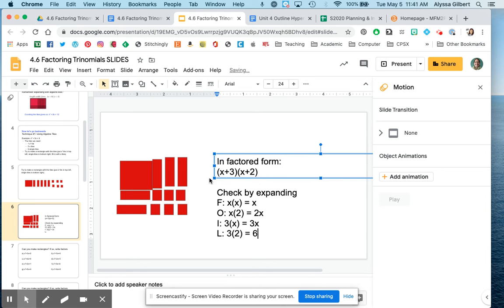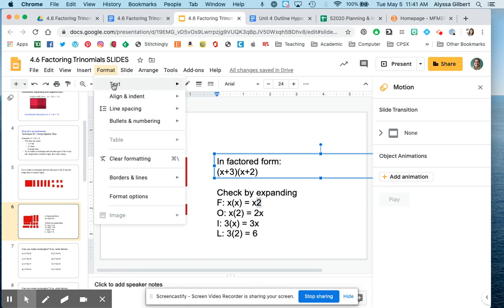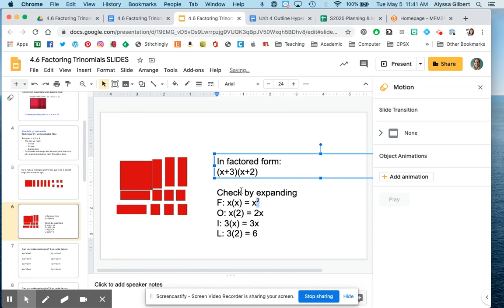Is equal to 6, and I'm just going to change this, oops, make that into a squared. So if we put these together, that gives 1x squared plus 5x's plus 6.